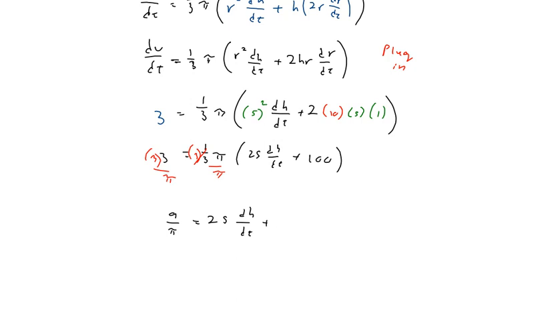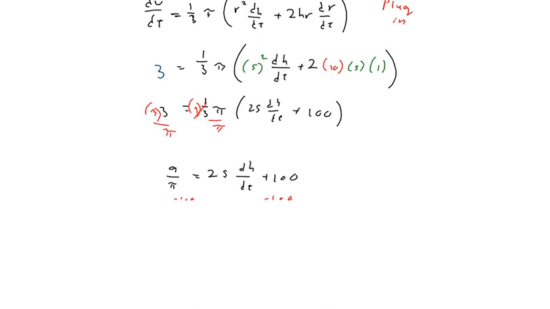plus 100. Minus 100 on both sides. So it's going to be 9 over pi minus 100 equals 25 dh/dt.